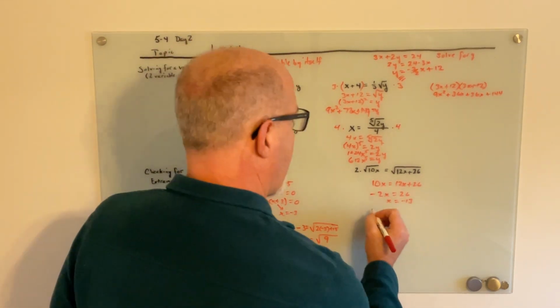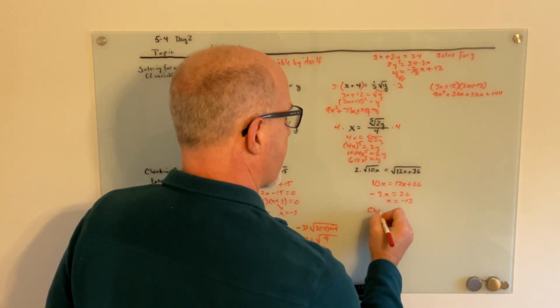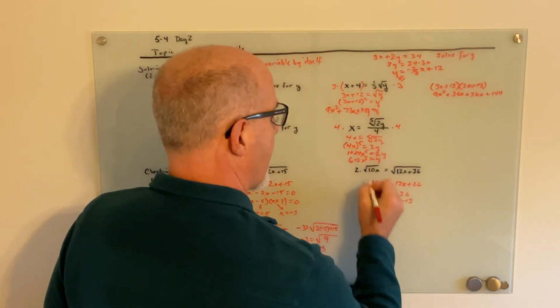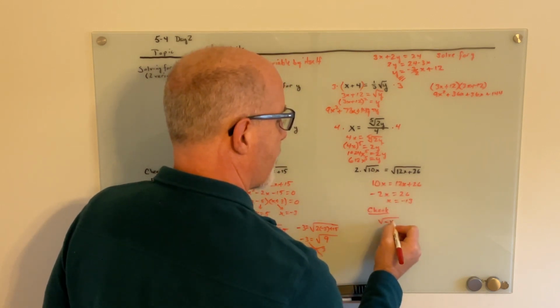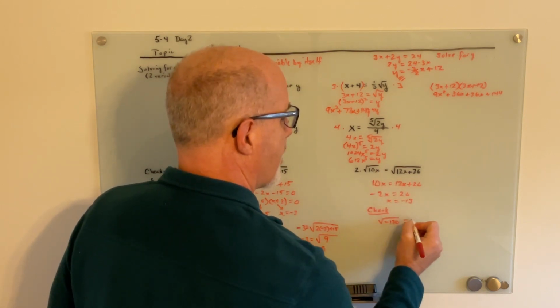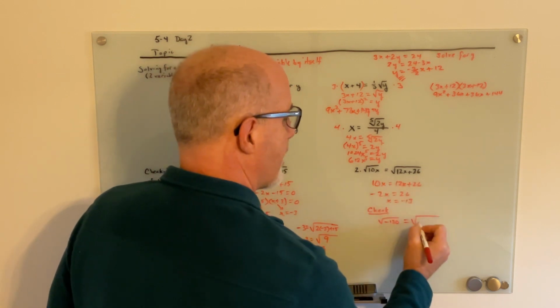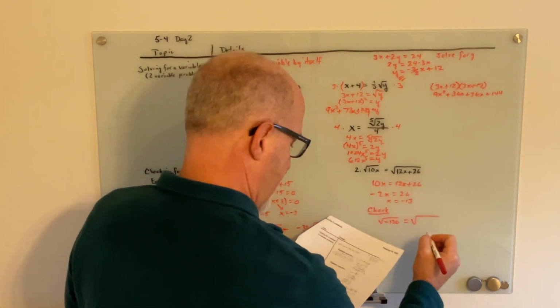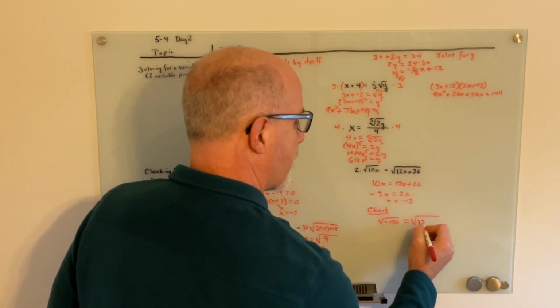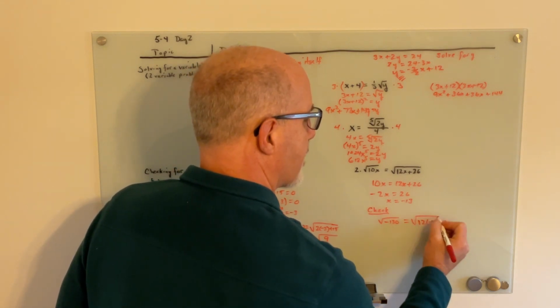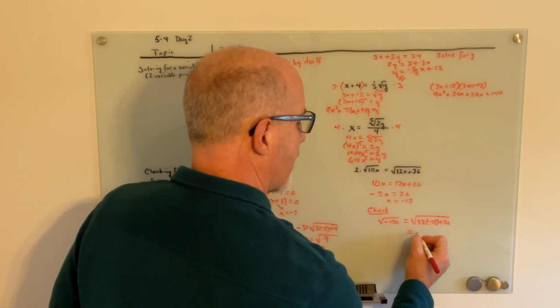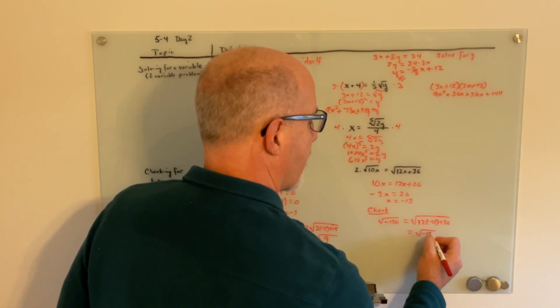And if I put that in, notice that I get the square root of 10 times negative 13 is negative 130. Does that equal 12 times negative 13? Let's see, I'll just write it out. 12 times negative 13 plus 26. That does give me the same thing. It gives me the square root of negative 130.